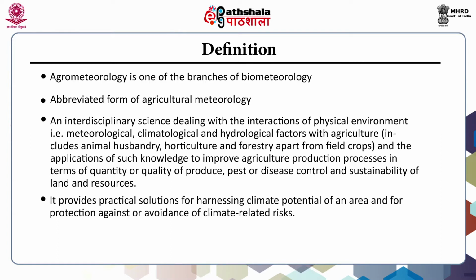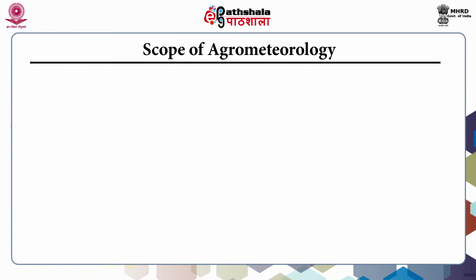It provides practical solutions for harnessing the climate potential of an area and for protection against or avoidance of climate related risk. Let's see what the scope of agrometeorology is.